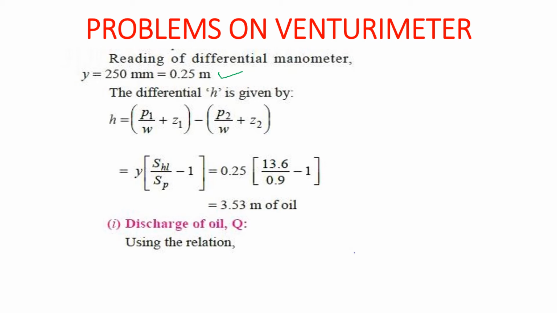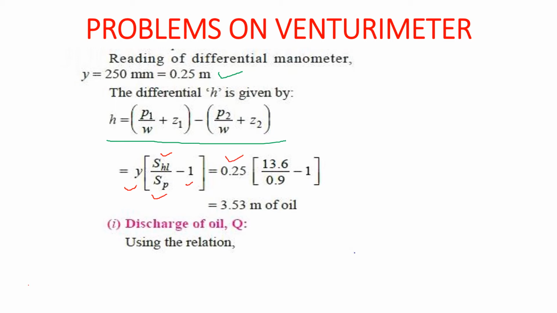Now the differential head is given by, we know this formula, right? This we have seen in the last problem also. H is P1 by W plus Z1 minus P2 by W plus Z2, but again the values are given to us. So Y is, this formula also we can take: Y times specific gravity of heavier liquid divided by specific gravity of the liquid flowing through pipe, minus 1.